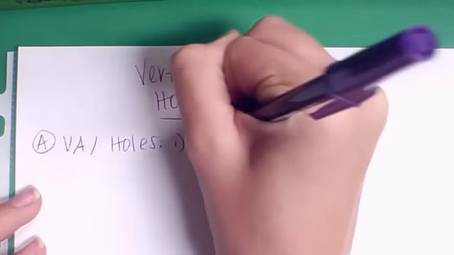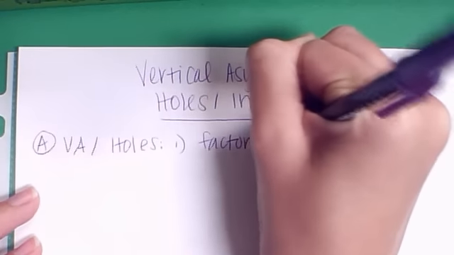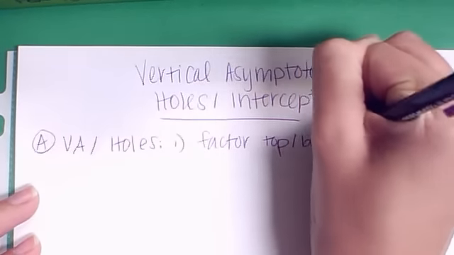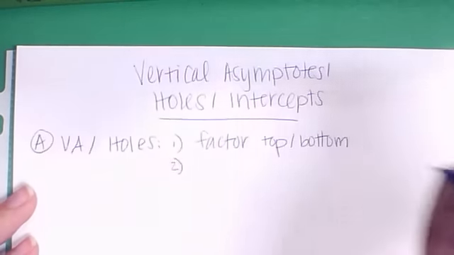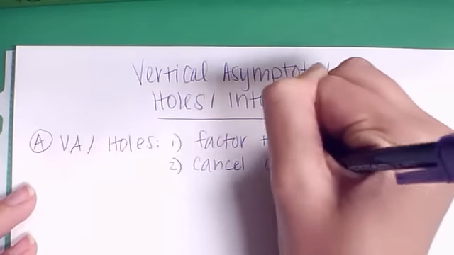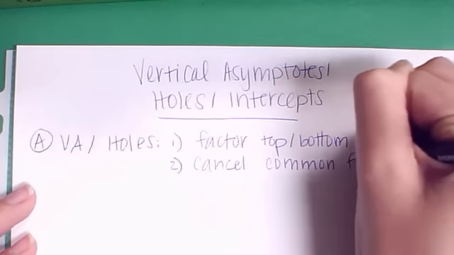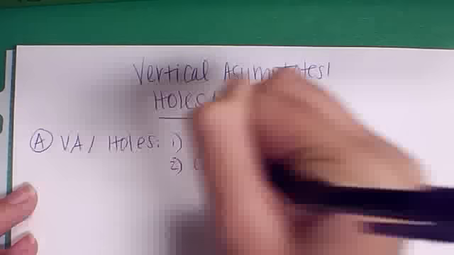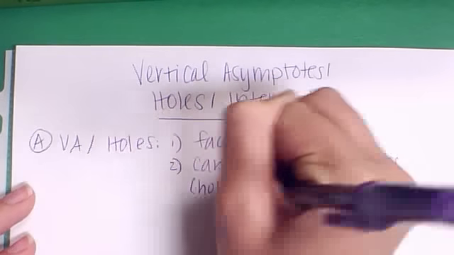Number 1, factor the top and the bottom. Number 2, cancel common factors. And if there are some that cancel, those are where your holes are.